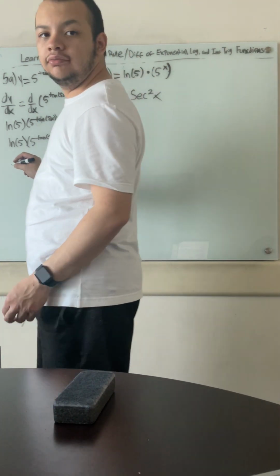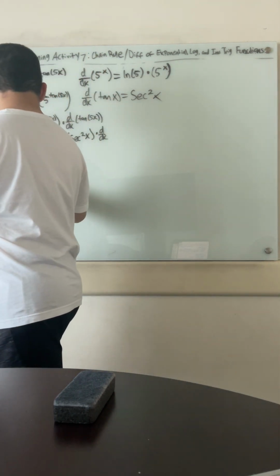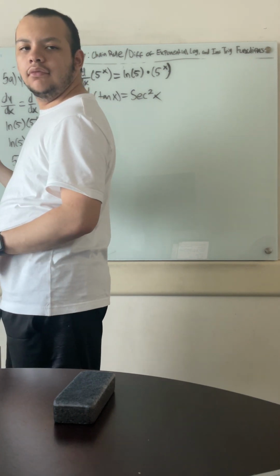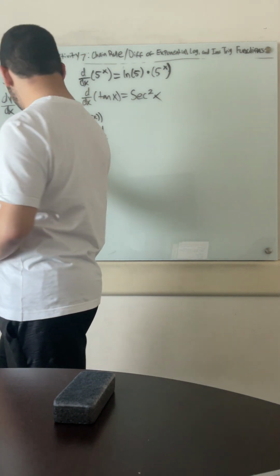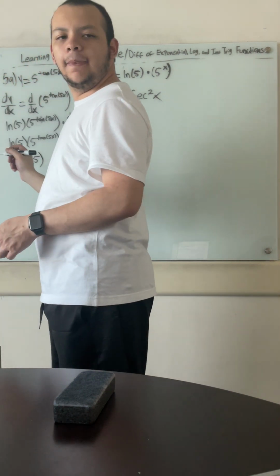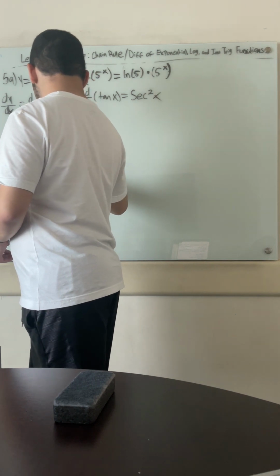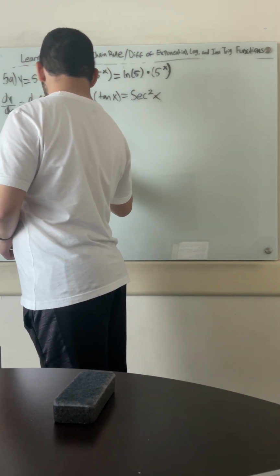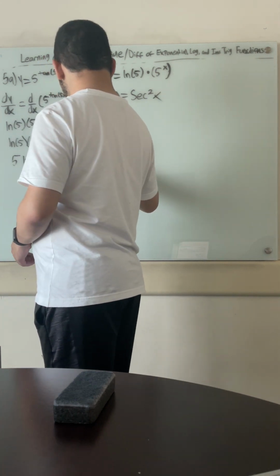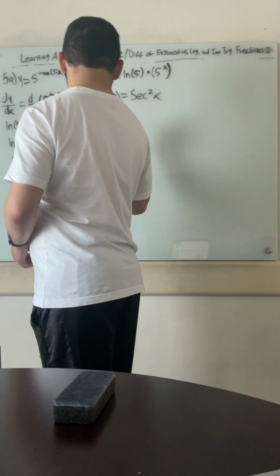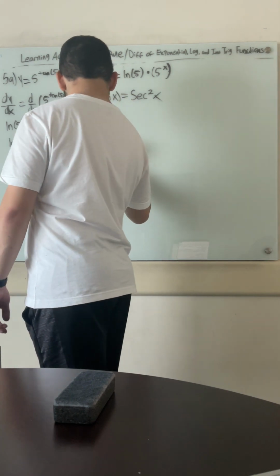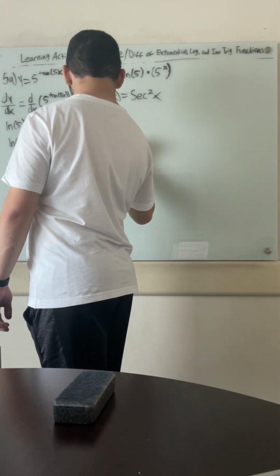So right here, we have 5, so we got 5 ln of 5 times 5 to the tangent of 5x times, oh yeah, I forgot the 5x right here, times secant squared of 5x.